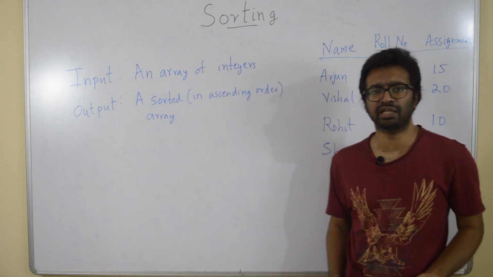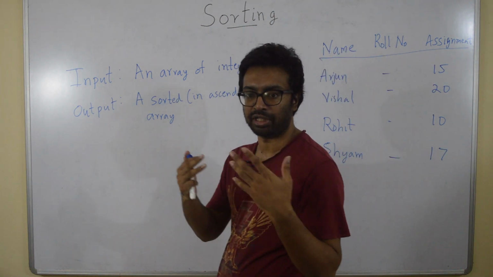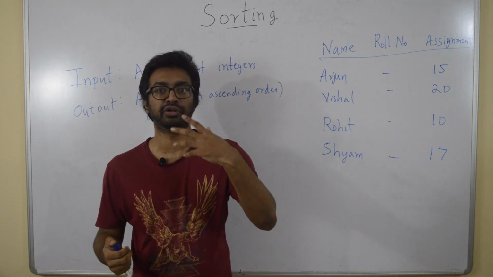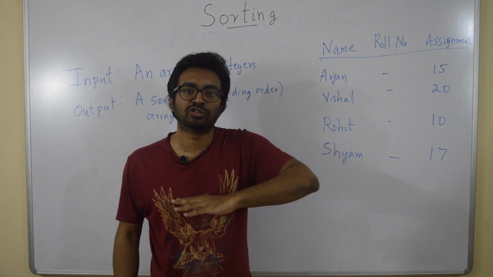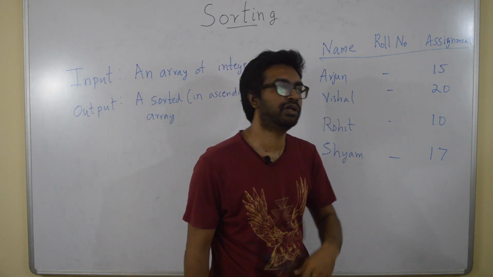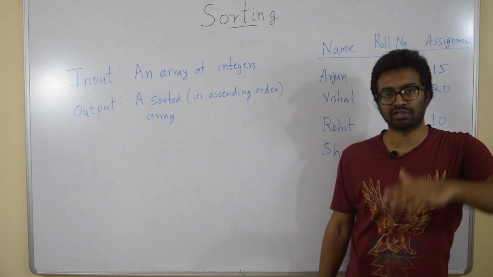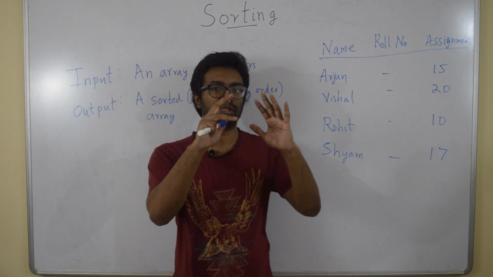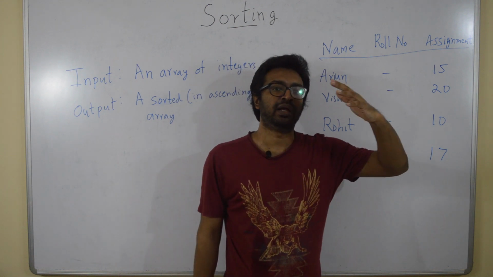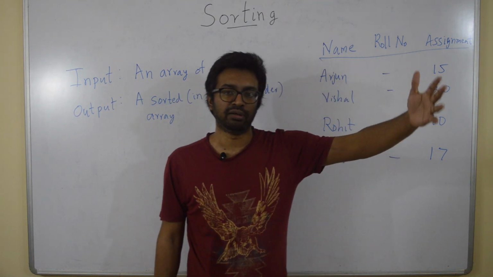So you have written the JEE exam, and how did you get your ranks? You got your rank because all of you have been sorted according to the marks you got, and in the sorted order you have been assigned a rank. So sorting has been behind the JEE portal.